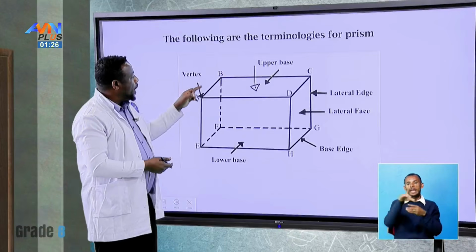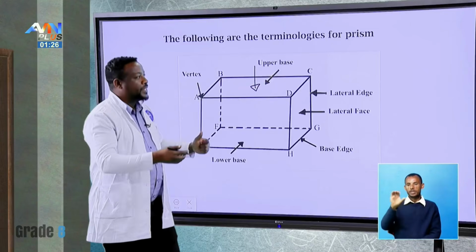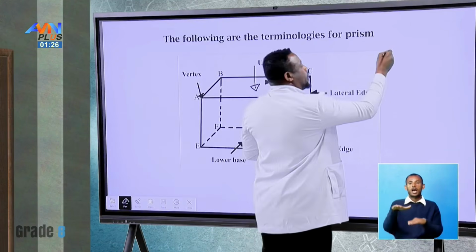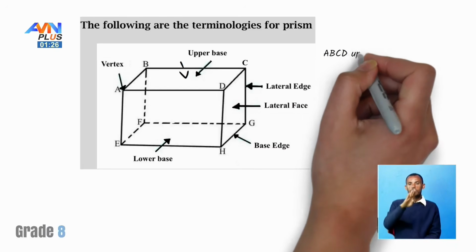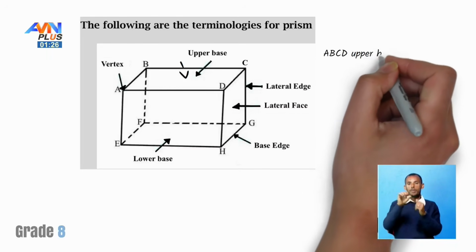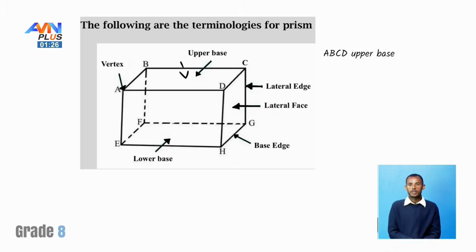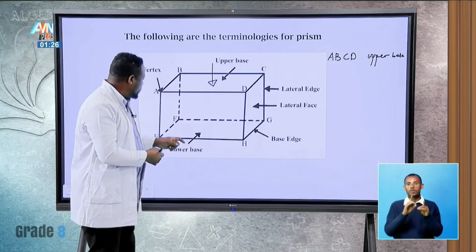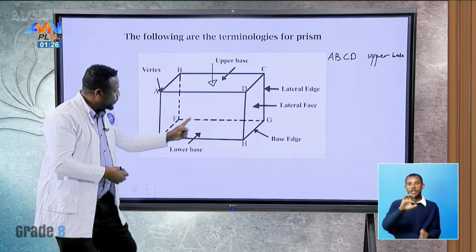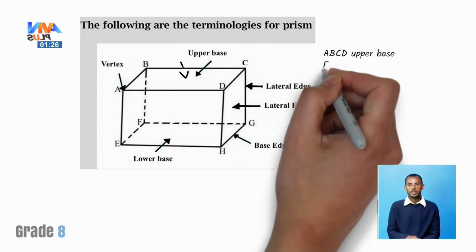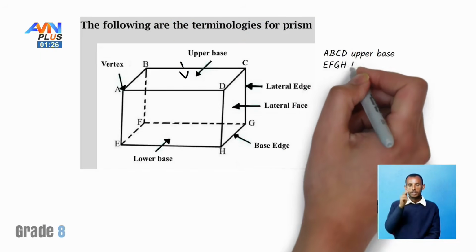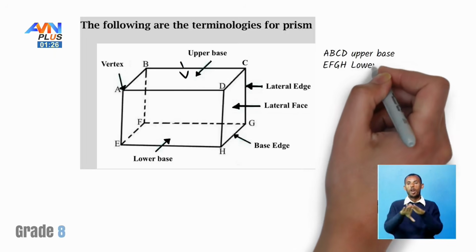A, B, C, D is the upper base. We have another base, E, F, G, H, which is the lower base.